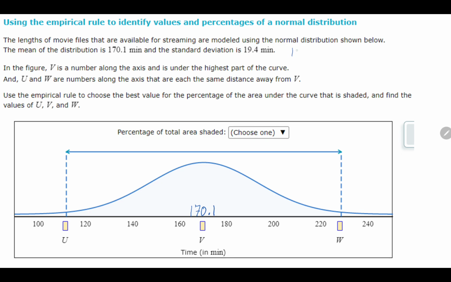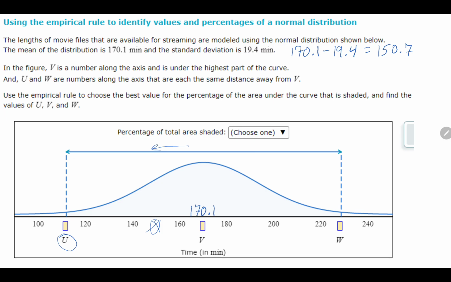So 170.1, and I'm going to minus, so I'm looking on this end for where the U is. So I minus 19.4, and that gives me 150.7. Well, that would technically be somewhere in this ballpark, so that's not what I'm looking for.